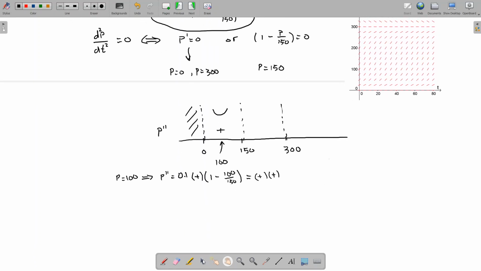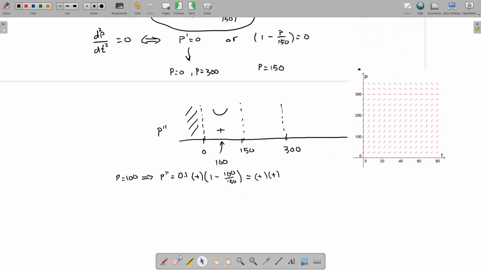All right, so we just do that again on the next interval. Let's pick a test point here, let's just say 200. So population is 200. All right, then second derivative. Notice, let's get the second derivative back down here. So p double prime was 0.1 p prime multiplied by 1 minus p over 150. Okay, so we're plugging into, think of it as two different pieces we're plugging into. So we need to plug in 200 to p prime.